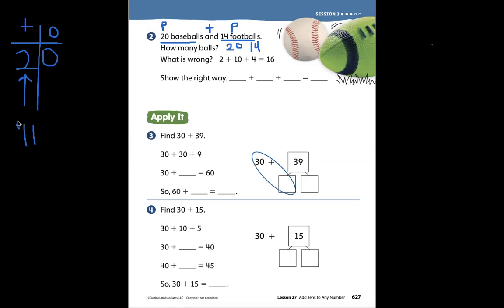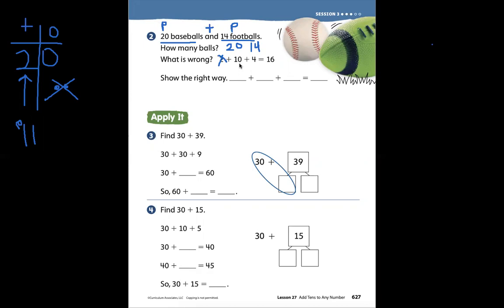Each of those sticks has a value of 10. Are there any ones? No. So they put 2 like it was 1, 2 ones, but that's not correct. There are not any ones in the number 20. There are 0 ones in the number 20.